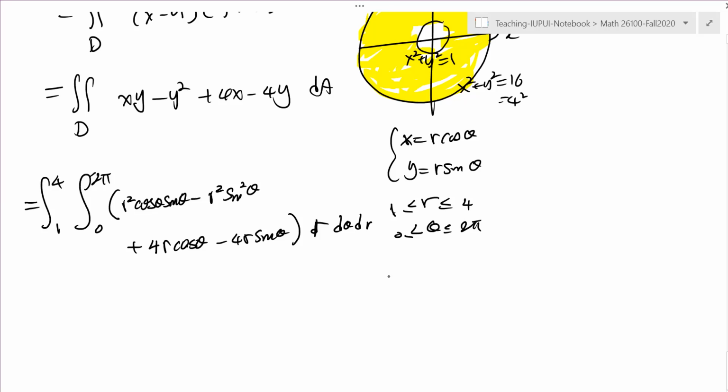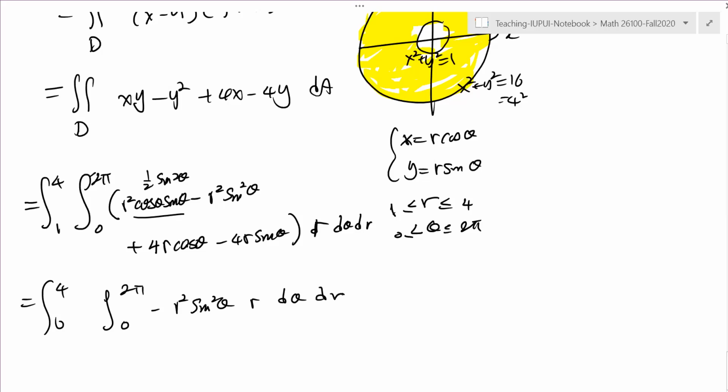This integral will be 0 from 0 to 2 pi, because positive and negative will cancel out. This is half of sine 2 theta. When you find the antiderivative, it's going to be 0. So what is left is only this part.